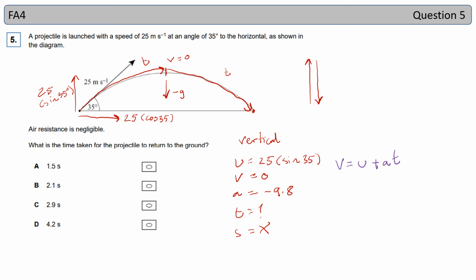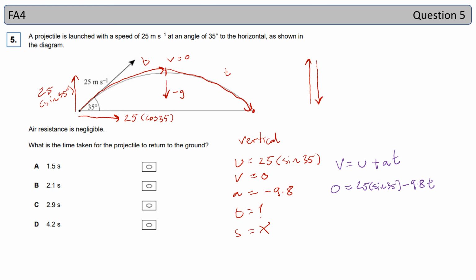Sub in my values. 0 is equal to 25 times the sine of 35. And because g is acting in the opposite direction to my velocity going up, that becomes a minus 9.8 times t.